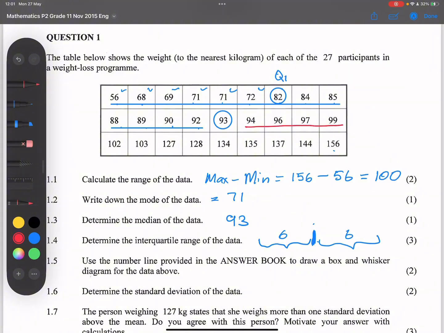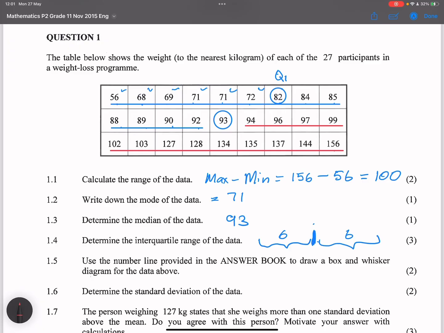Again, you've got 13 values, so I'm going to take the 7th from my second half. That's 1, 2, 3, 4, 5, 6, 7. So my Q3 is 127.